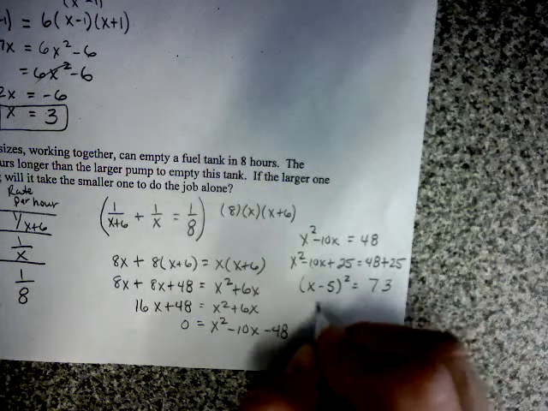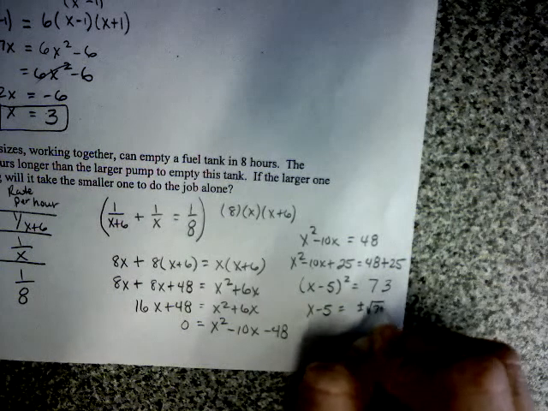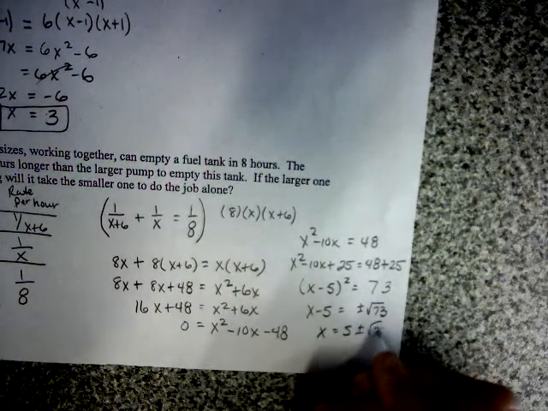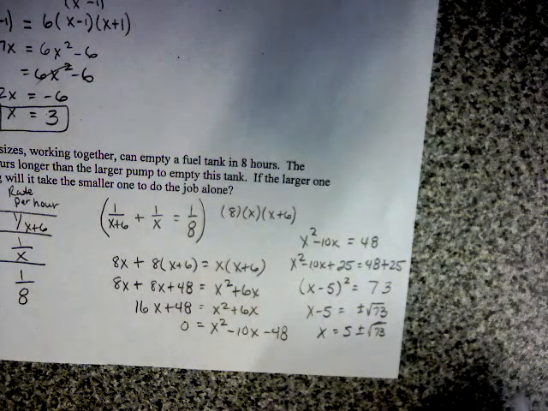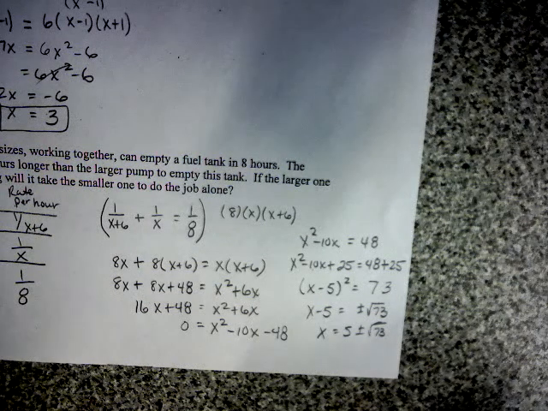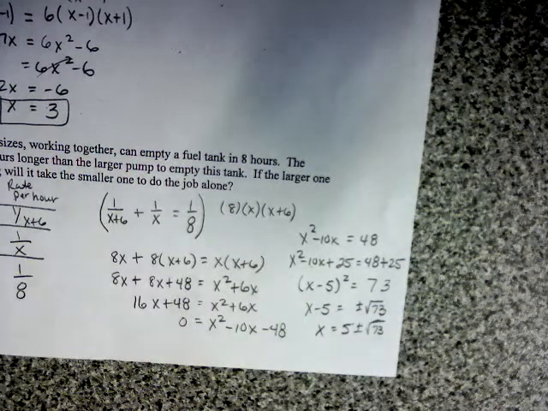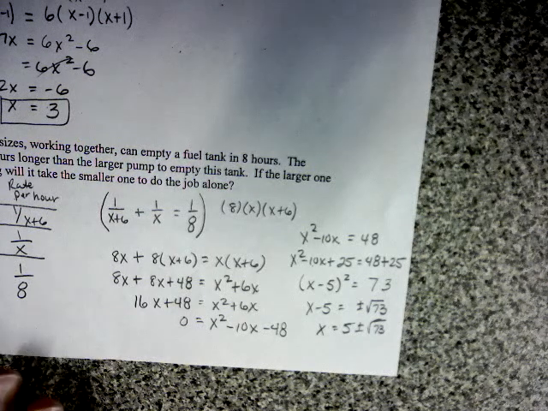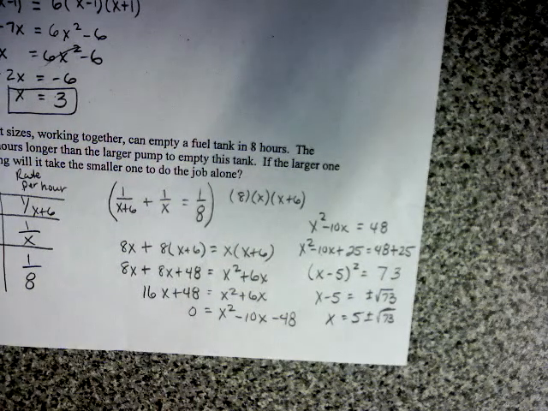So then we can take the square root and then add the 5. And so x is going to be 5 plus or minus the square root of 73. Okay, so then we want to get what that value is.